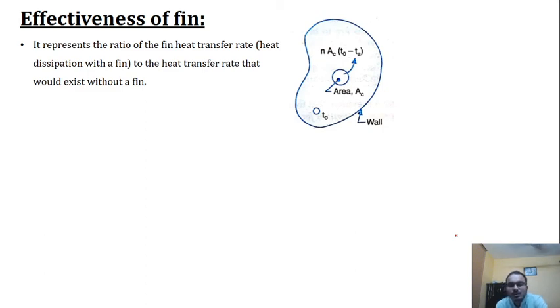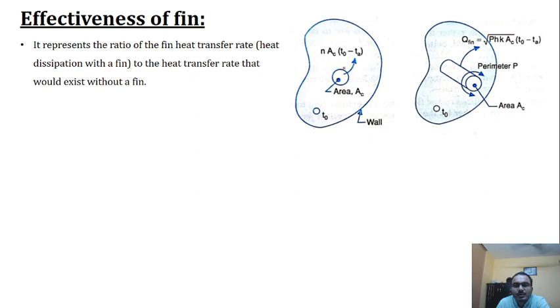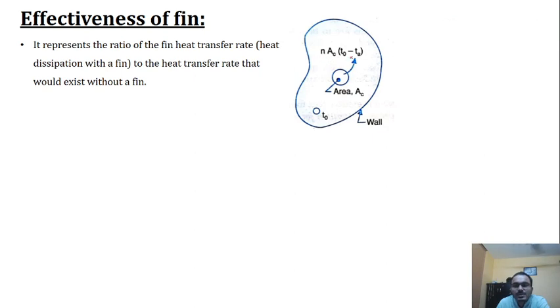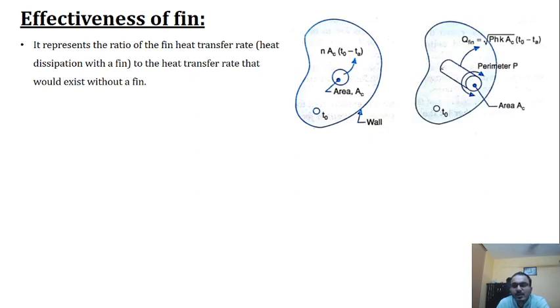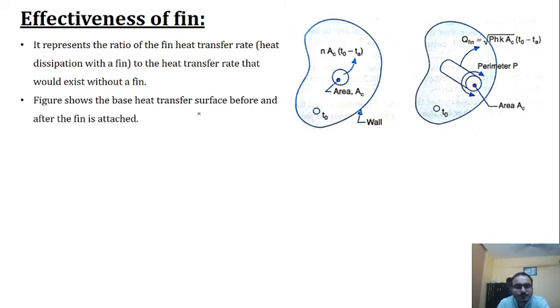The base temperature is T0 and we have taken the area as Ac, the cross-sectional area that would be there for fin. The formula is hAc (T0 minus T∞), and in the second case we have provided a fin having area Ac, perimeter P, and Q fin is square root of hPkAc into (T0 minus T∞).